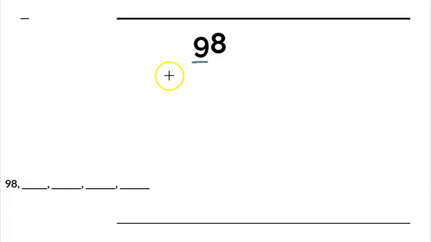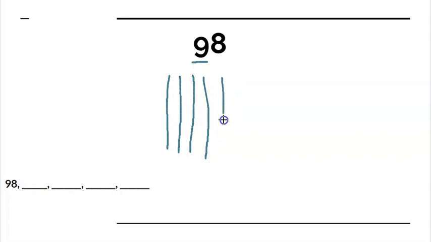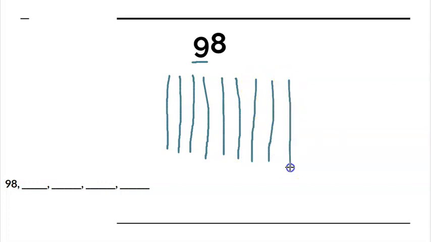Let me draw that out. 1 ten, 2 tens, 3 tens, 4 tens, 5 tens, 6 tens, 7 tens, 8 tens, 9 tens. Let me go back and make sure because I want to make sure I have all of them. 1, 2, 3, 4, 5, 6, 7, 8, 9 tens.